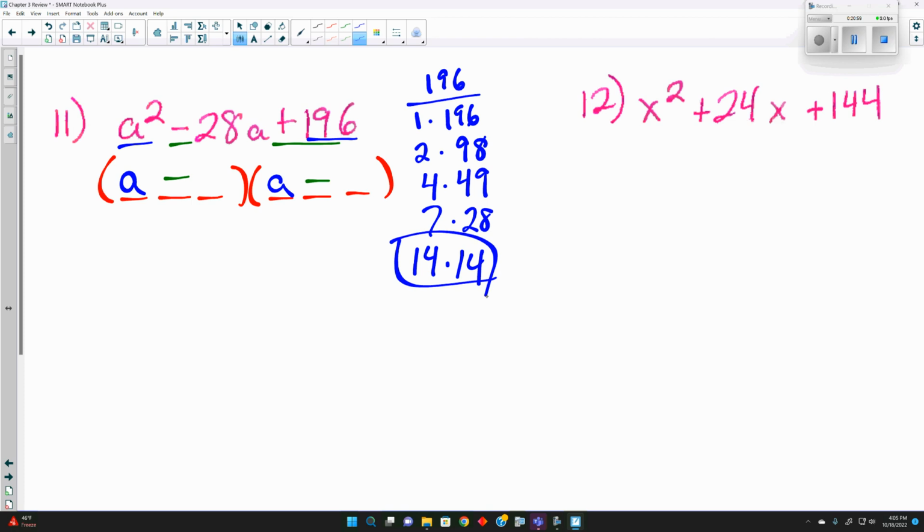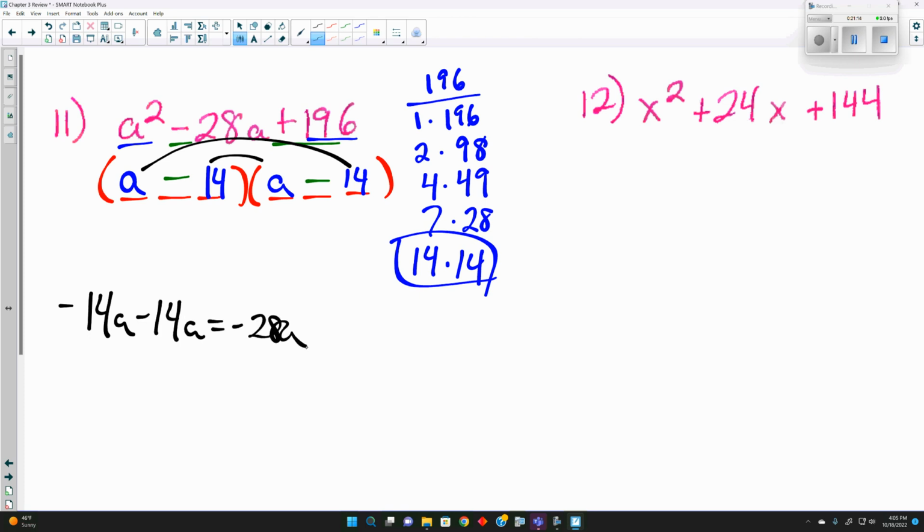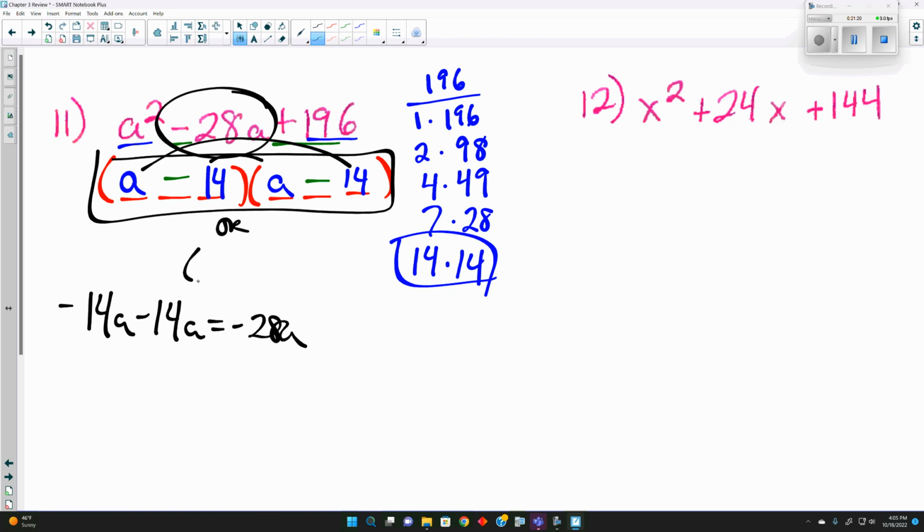The one I'm going to try first is 14 and 14. And if we check this here, a times negative 14 is negative 14a. Negative 14 times a is negative 14a, which gives us negative 28a, which is the middle term we wanted, so these are our factors here. Now, because they are the exact same factor, we could also rewrite it as a minus 14 squared. And that's it.